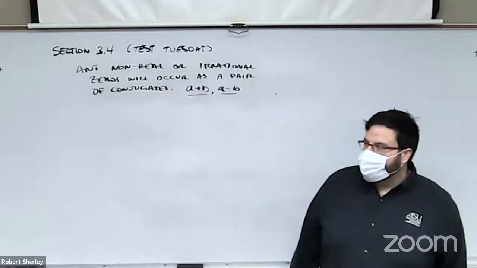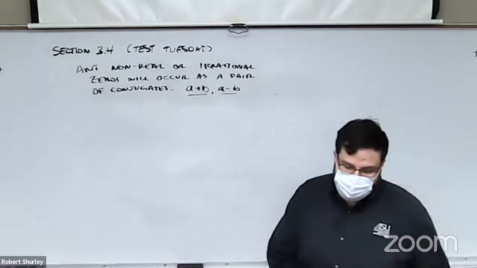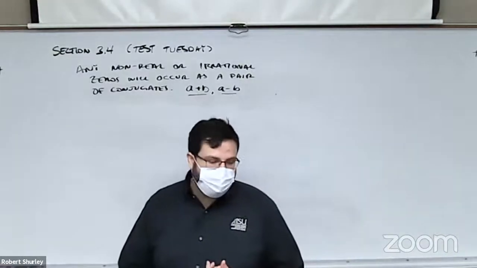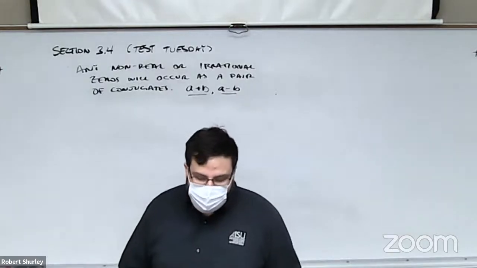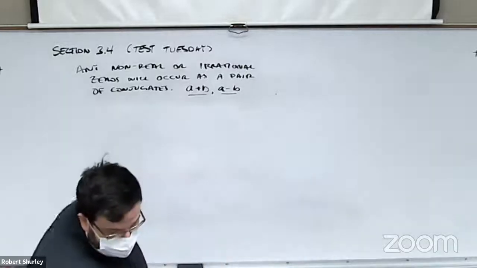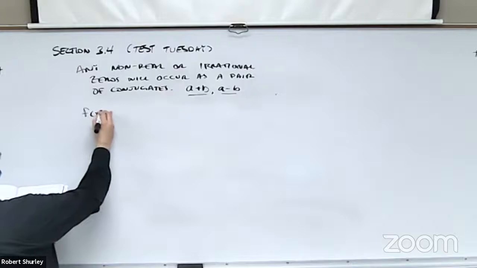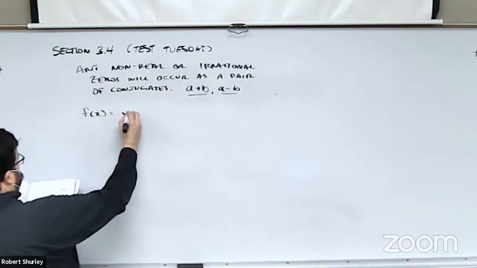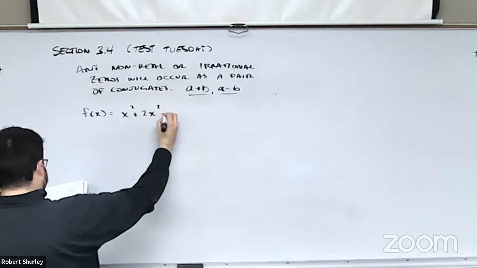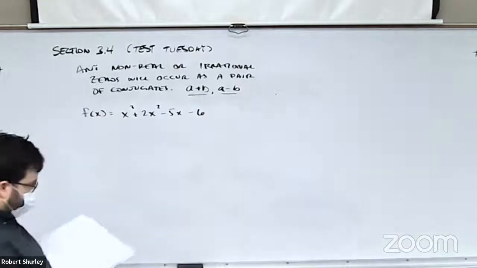Okay. So let's look at how the questions in this section are going to be presented. And I'm going to steal an example straight from the book. This is on the bottom of page 378, if you're following along. And it just says find all the zeros, and it gives us a function. f of x equals x cubed plus 2x squared minus 5x minus 6.